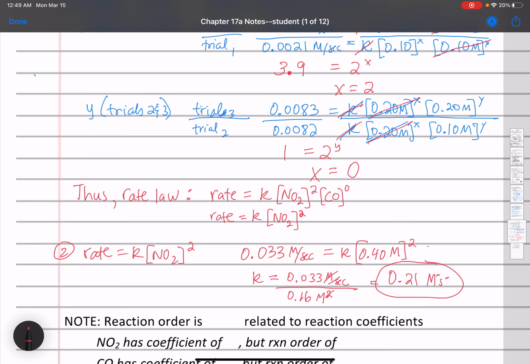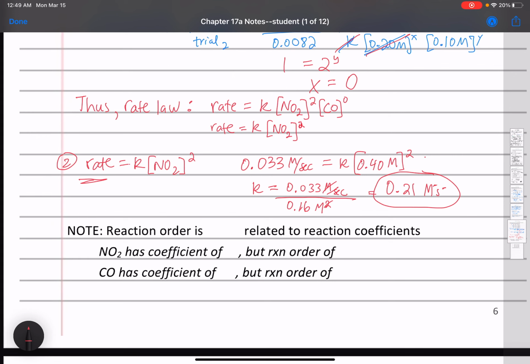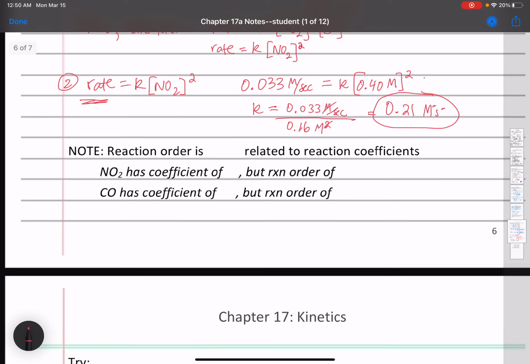At any concentration of nitrogen dioxide, we should be able to predict the rate using this equation. We determined the rate law from experimental data. A few data points help us to figure out this rate law, and now we can use the rate law to calculate or estimate what the rate would be at any concentration of NO2.